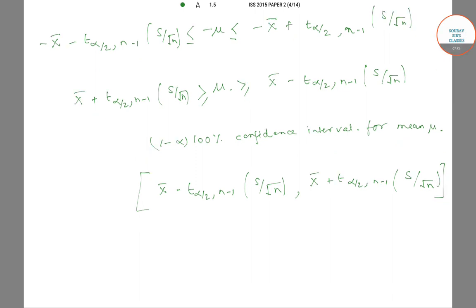So this is the 1 minus alpha into 100% confidence interval for our unknown mean mu.